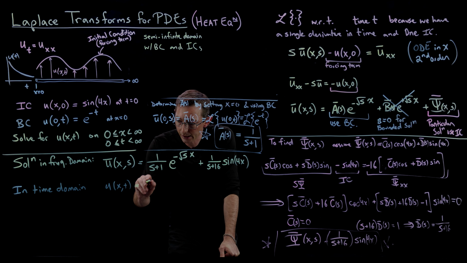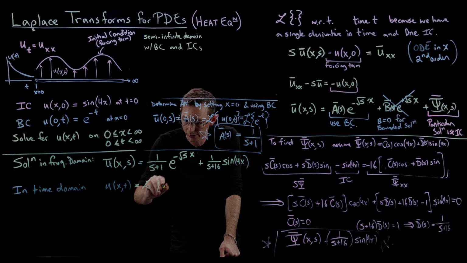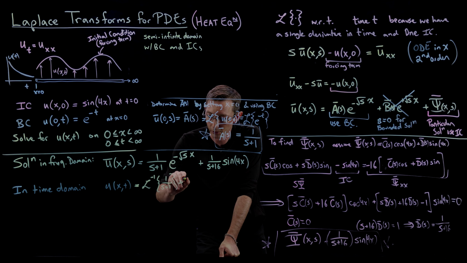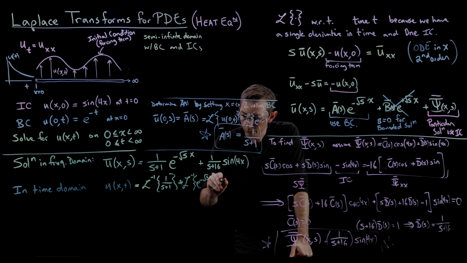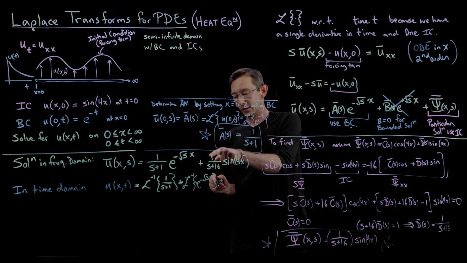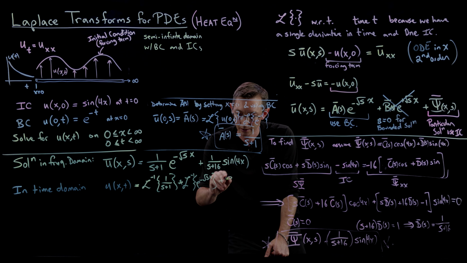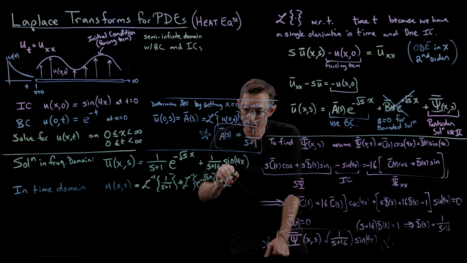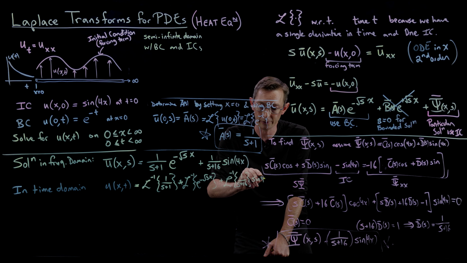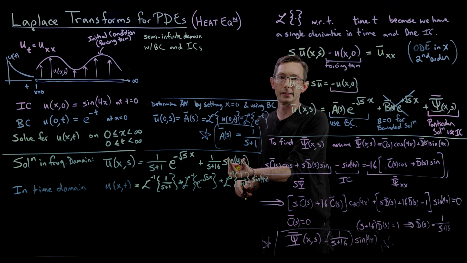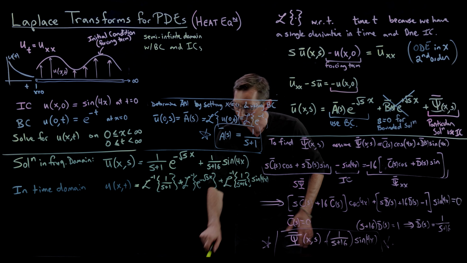So this is the inverse Laplace transform of 1 over s plus 1, convolution integral with the inverse Laplace transform of e to the minus root s x, plus the inverse Laplace transform of this thing, which is 1 over s plus 16 times sine of 4x, because this is a constant with respect to the time variable.